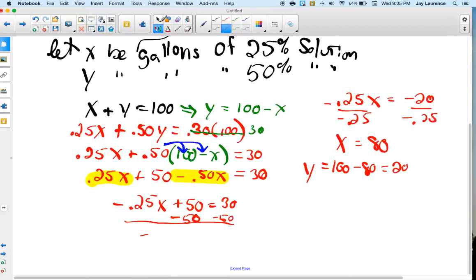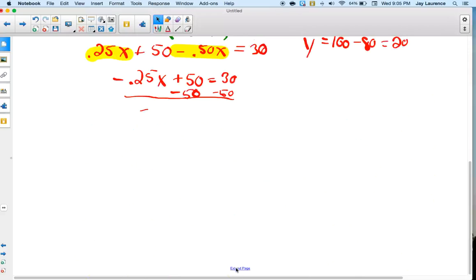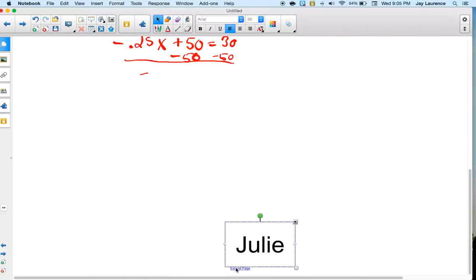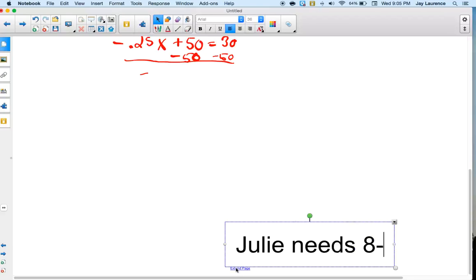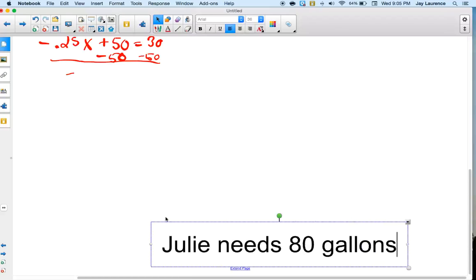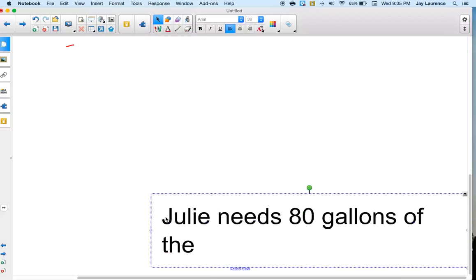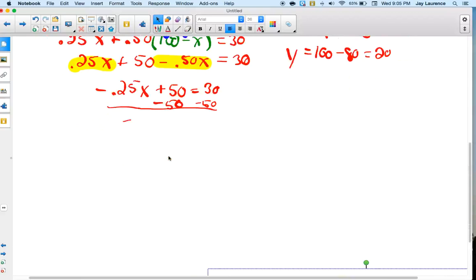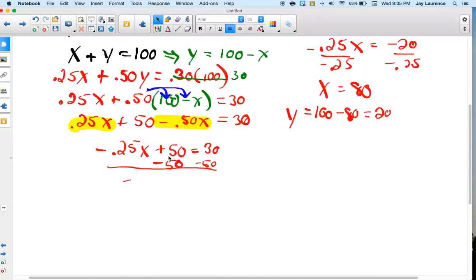So let me get ready to type my sentence here. Julie needs 80 gallons of the 20% solution, or was it 25? I can't remember. Looks like it was 25. Yep.